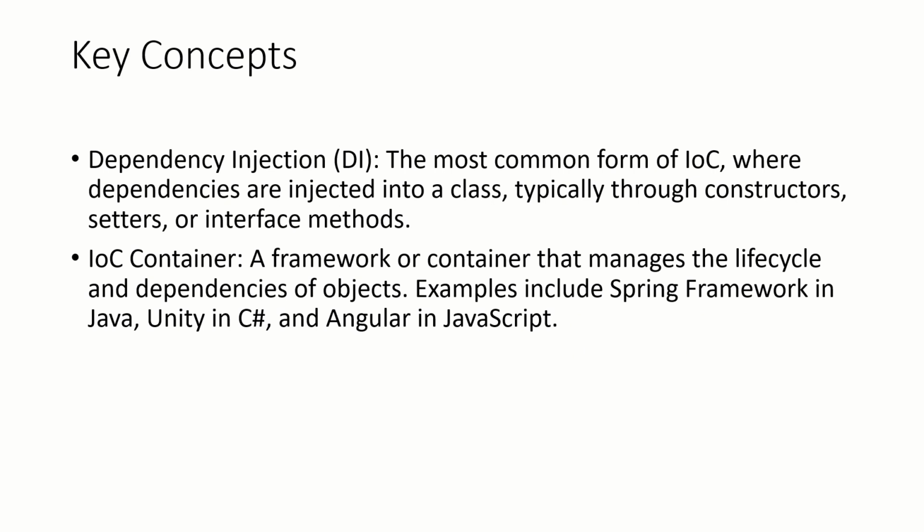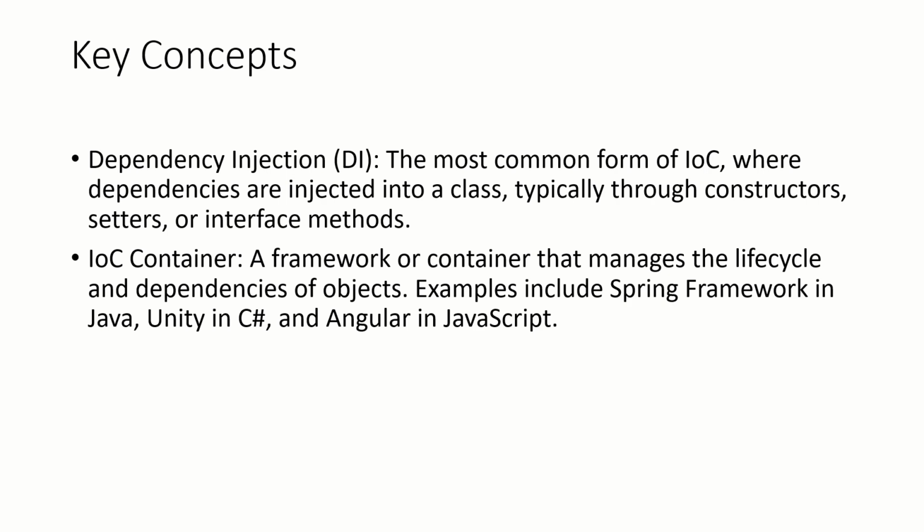So the first one is dependency injection, and the second one is the inversion of control container. Dependency injection is the most common form of inversion of control, where the dependencies are injected into the class, typically through constructor, setter, or interface methods. So these are the ways you can inject the dependency into the class.